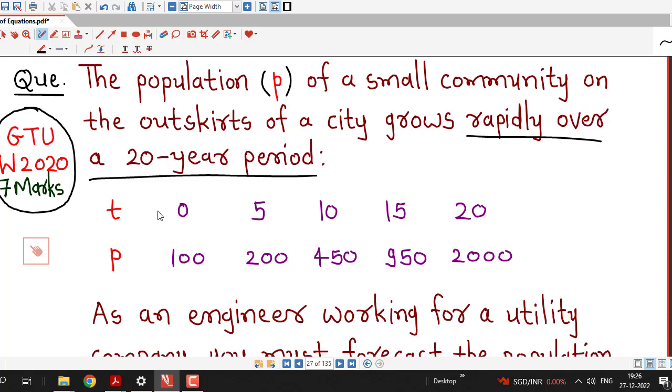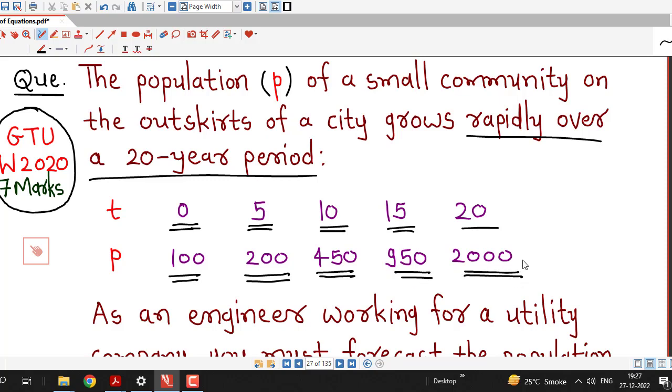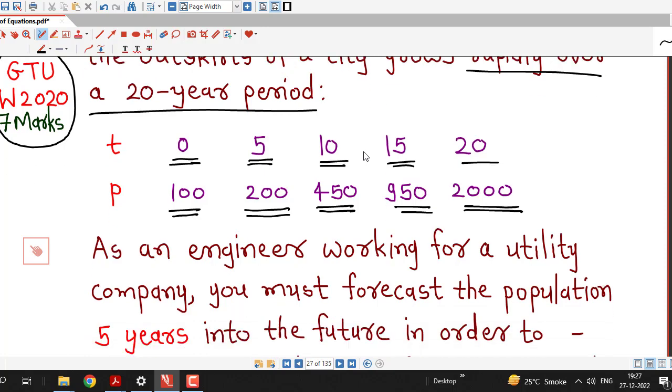Here t is the time in years, that is time t is 0 years, then time t is 5 years, 10 years, 15 years and 20 years, and the corresponding values of population are given. For t equal to 0, population is 100, for t equal to 5, population is 200, similarly for 10 it is 450, and for 15 and 20 we are given corresponding values of population.